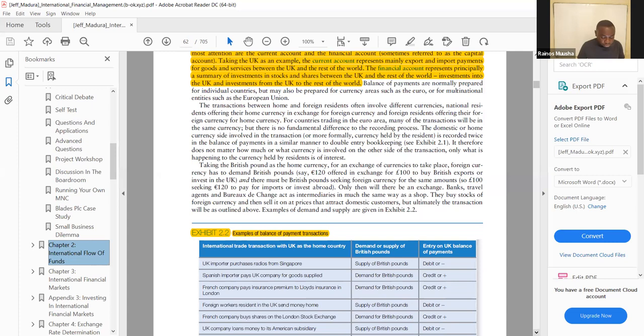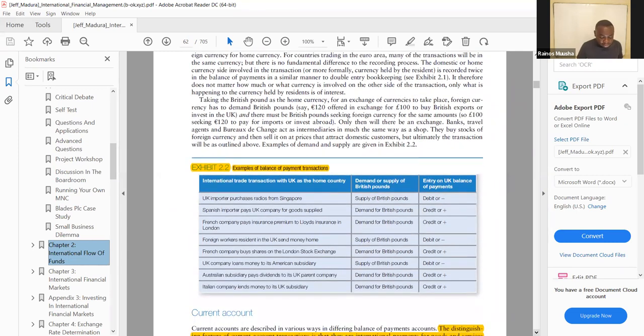Exhibit 2.2 gives us a typical example of balance of payments transactions. Here we have international trade transactions with the UK as the home country, so we look at the demand and supply of the British pound, and also the entry in the UK balance of payments. The UK importer purchases radios from Singapore.